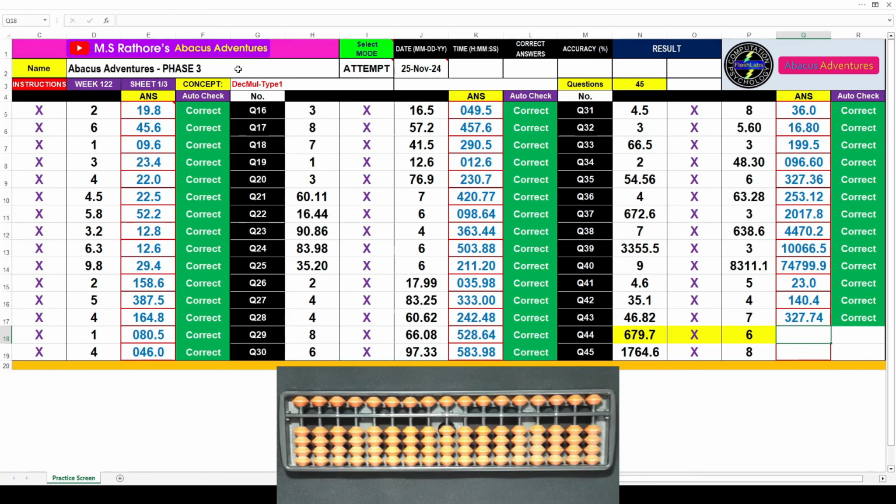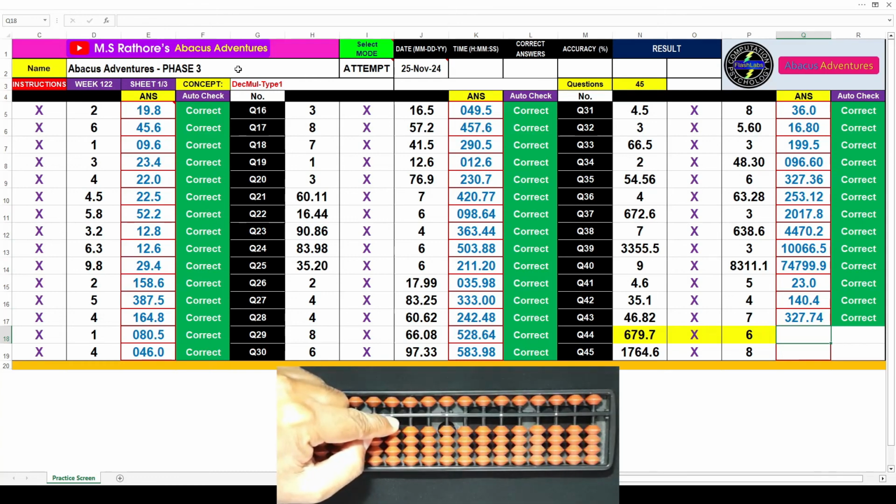Question number 44, 679.7 multiplied by 6. 3 digits in the integral part of the multiplicand and 1 digit in the multiplier, total 4 digits, that means 4 rods. Let's place the finger on rod number 4.